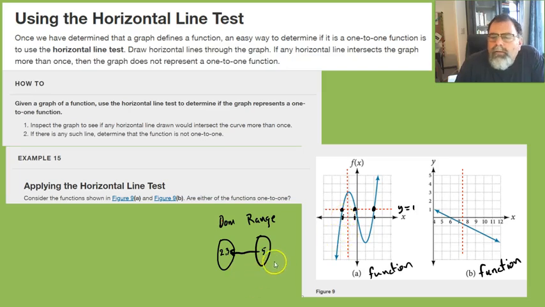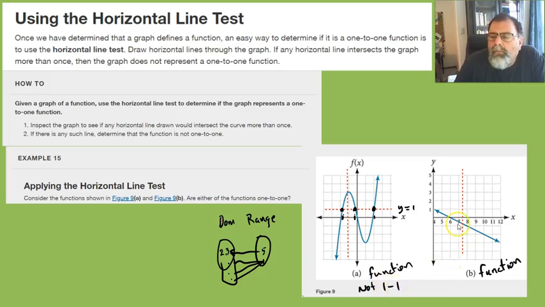So if y is 1, it'd give me three different x values. So it's not one-to-one. It's still a function, but it's not a one-to-one function.